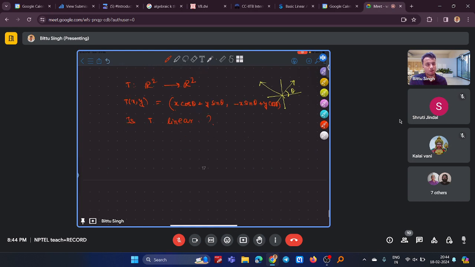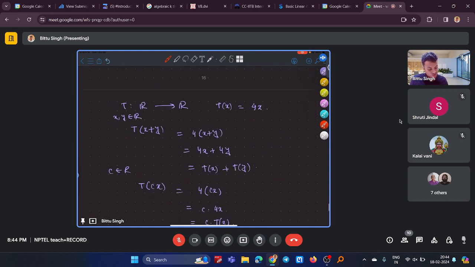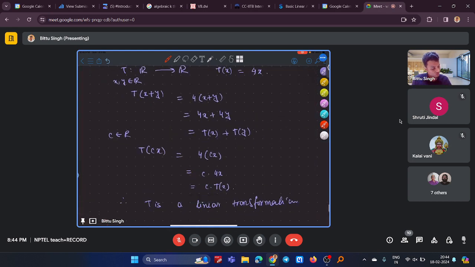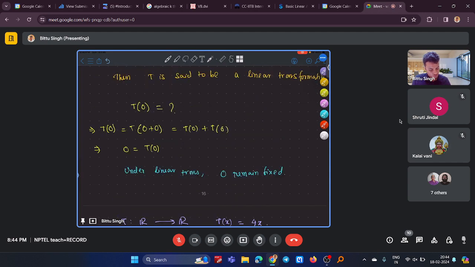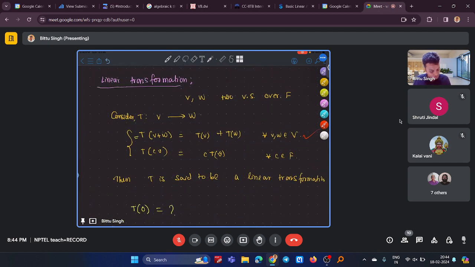So let us check. Again, instead of doing those two things in different ways, we can put them together. This is equivalent to T of cx plus y, that is, a linear combination, being the same as c times T of x plus T of y.